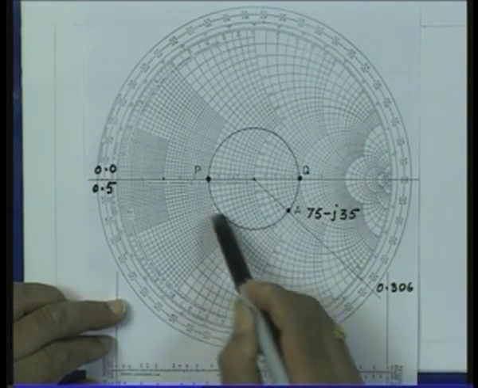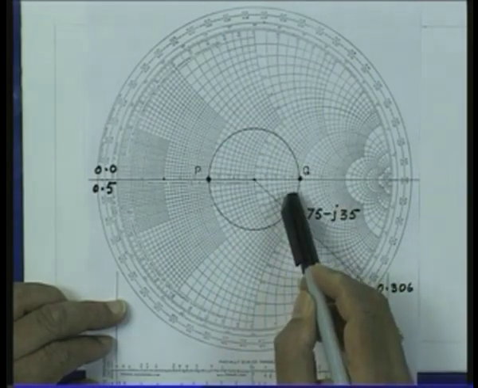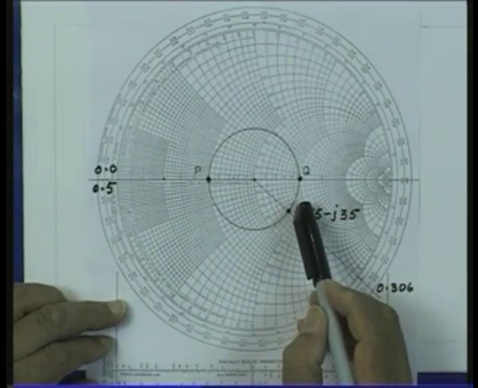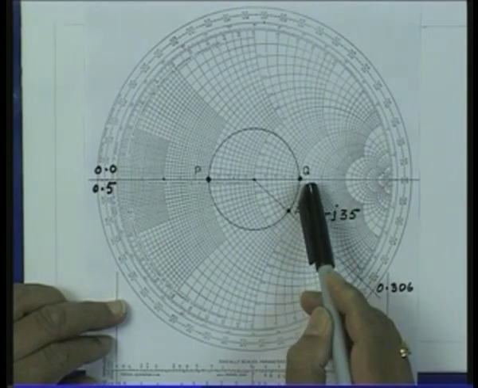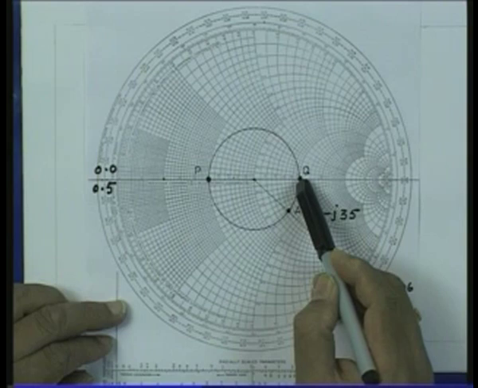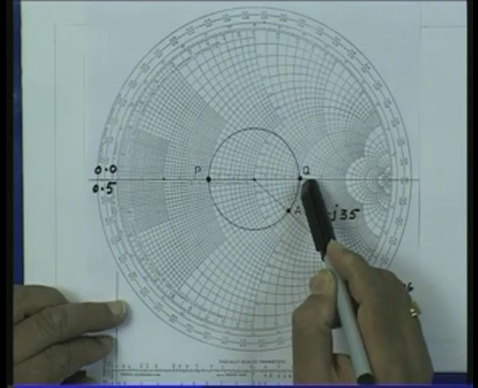If I move by a distance corresponding to AQ in the clockwise direction, then I will reach a location of voltage maximum and then the resistance seen at that location will be R max.